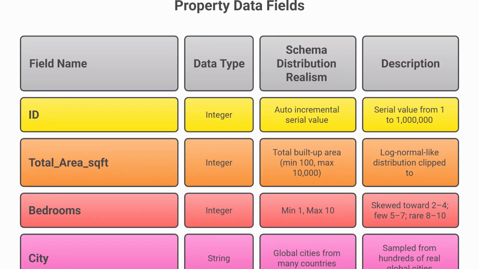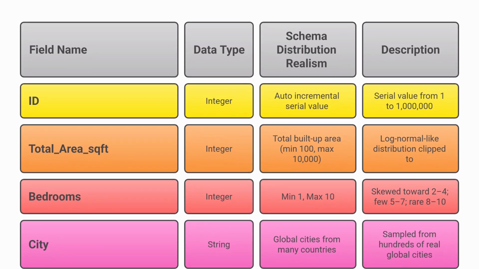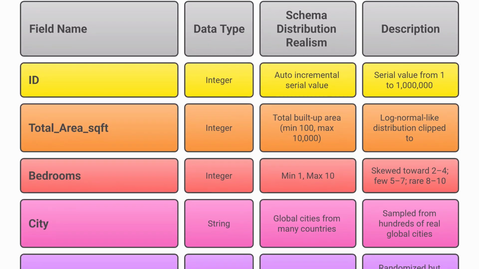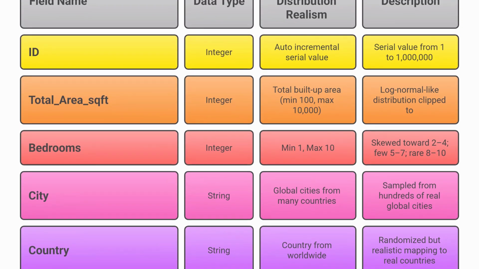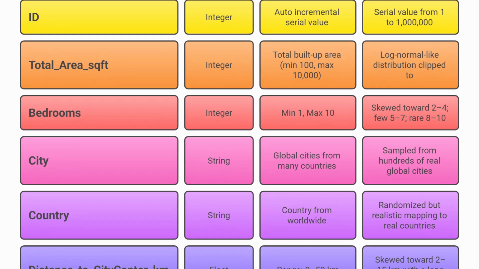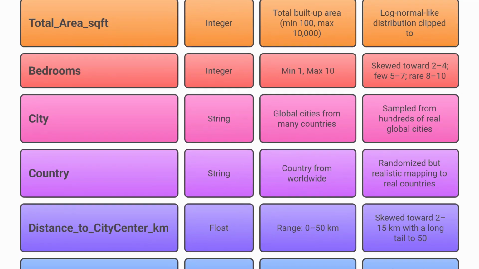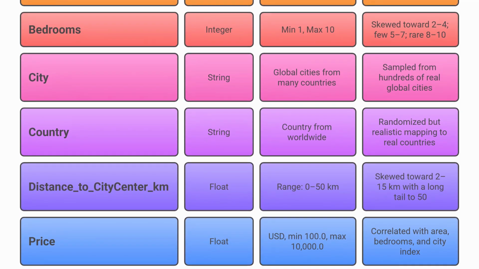ID, a unique identifier for each property record, incrementing sequentially. Total area, SQFT, represents the total built-up area of the property in square feet. Bedrooms, indicates the number of bedrooms in the property. City, name of the city where the property is located. Country, name of the country from worldwide.